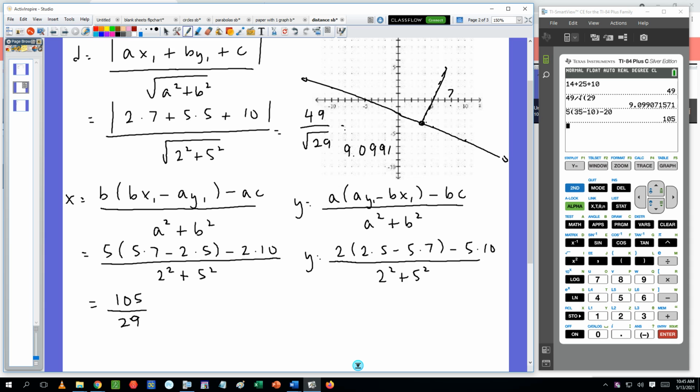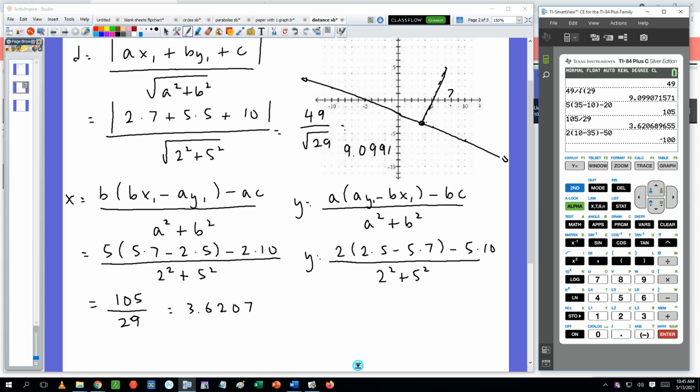If I want the decimal, there's your decimal. Give me both. For y, 2 times 10 minus 35 minus 50 over the 29, as a decimal.